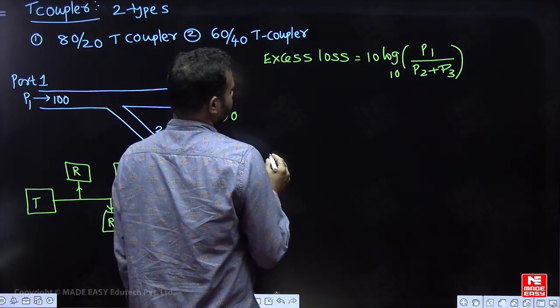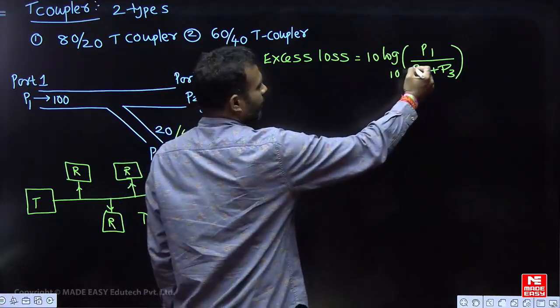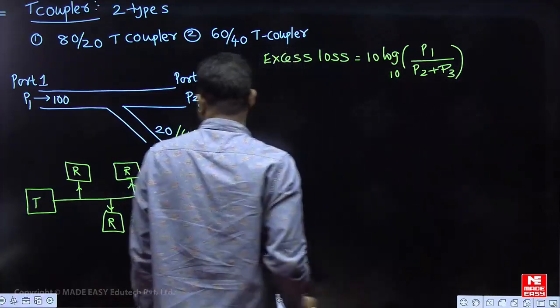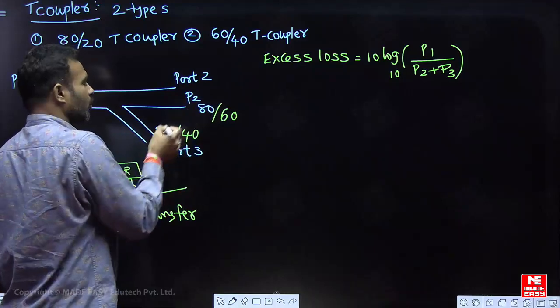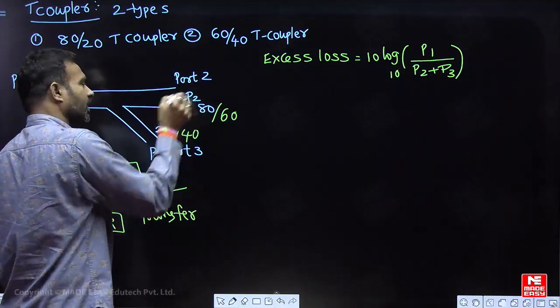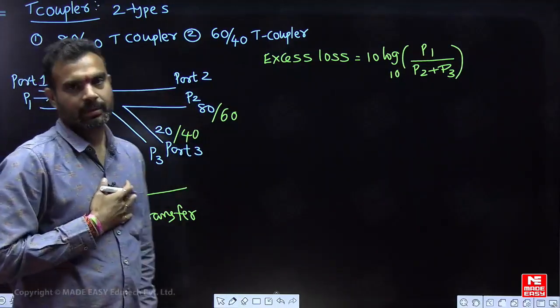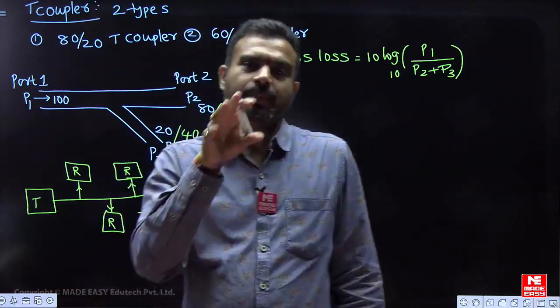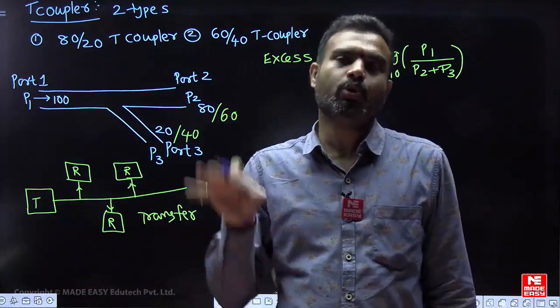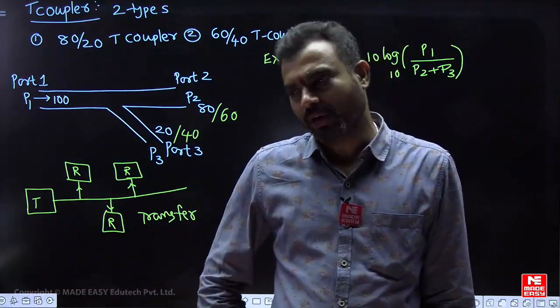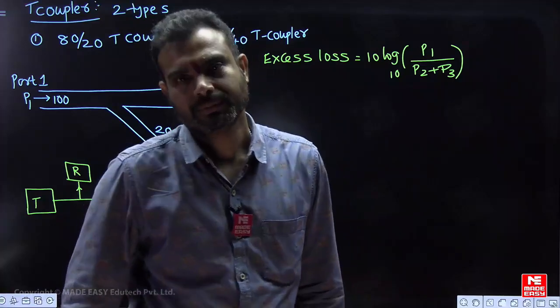In terms of dB. P out total is the total output values you have. P2 and P3 is the P out total. Two ports are there, P2 and P3. In the star coupler we studied P out T. What is the P out T? P out T is nothing but the total output power we have.